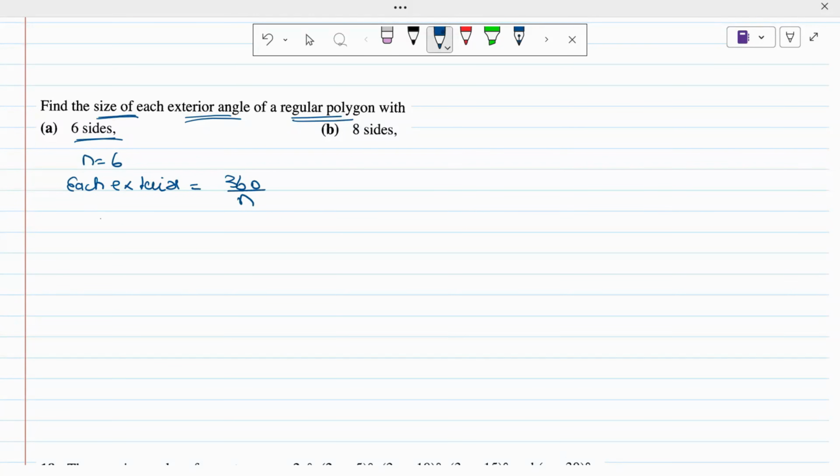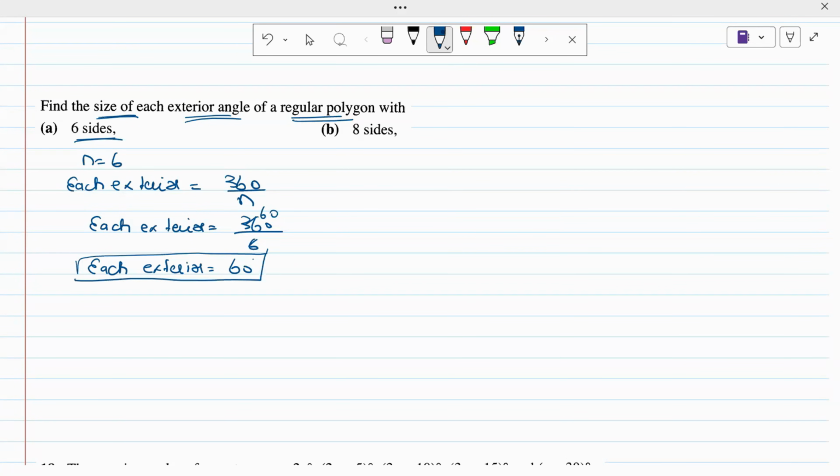So in this case, it would be 360 upon 6. So we get each exterior angle as 60 degrees. And part B is similar, that you can do yourself later.